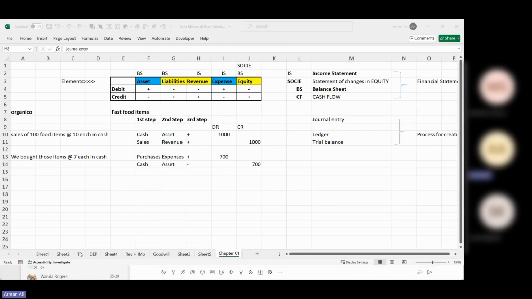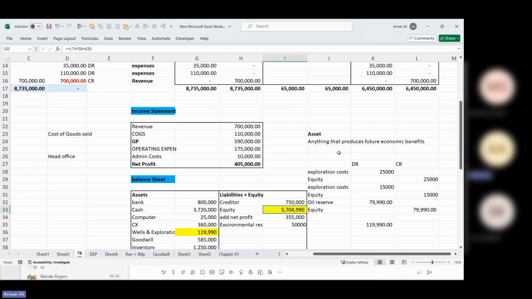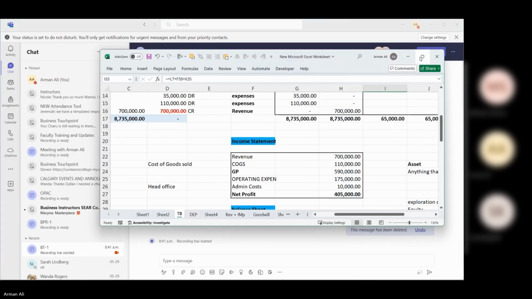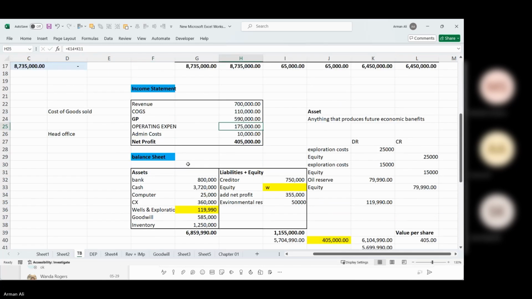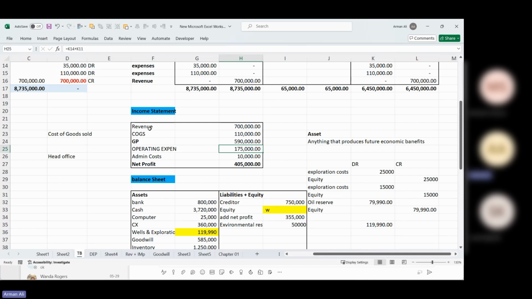Let me go back over here, trial balance. When we were doing this example, we were looking at how revenue and how balance sheet is created.